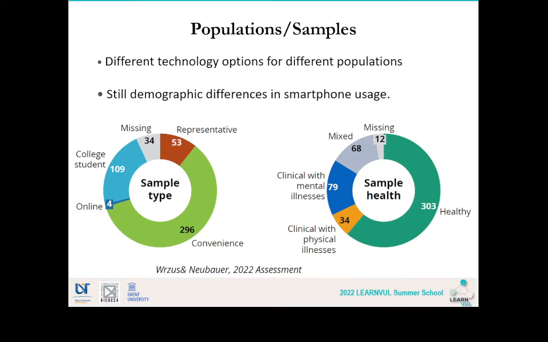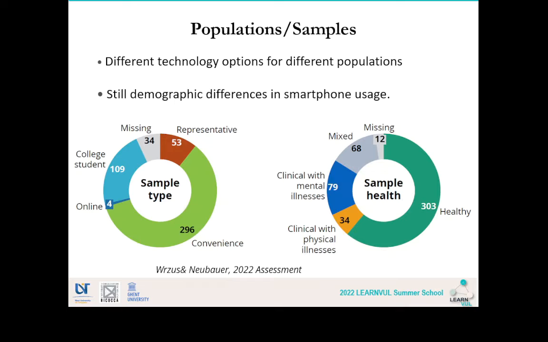Okay, what kind of population? This is also very interesting. It's more an overview of what kinds of studies have been done and what kinds of populations and samples. A convenience sample of college students might be the most common, convenience meaning as many people as they can get.